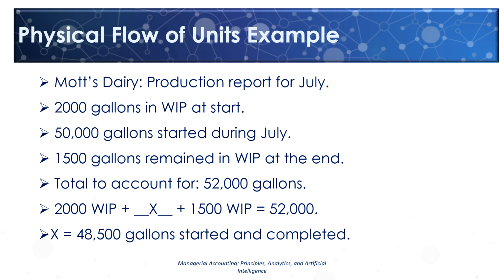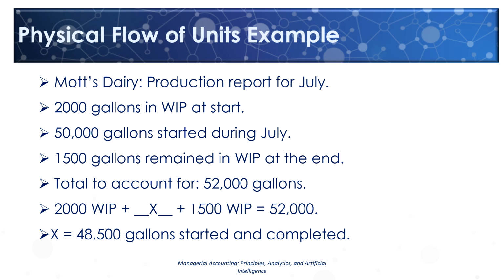This slide shows a physical flow of units example and identifies three critical elements of inventory in a process costing system. Units that were in beginning work in process that would be completed during the current period, units that are started and completed during the current period, and units that remain in ending inventory at the end of the period.